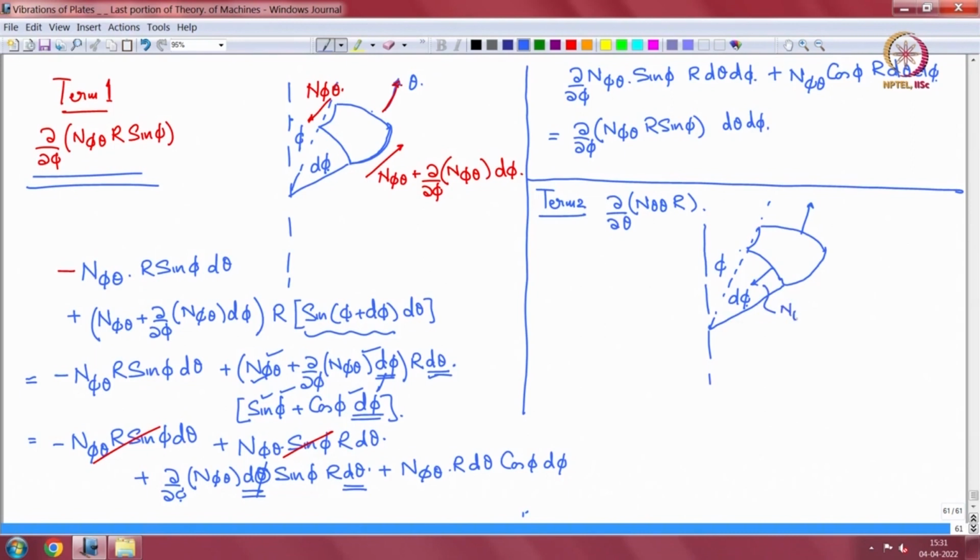This is n theta theta and this is n theta theta plus del n theta theta by del theta d theta.